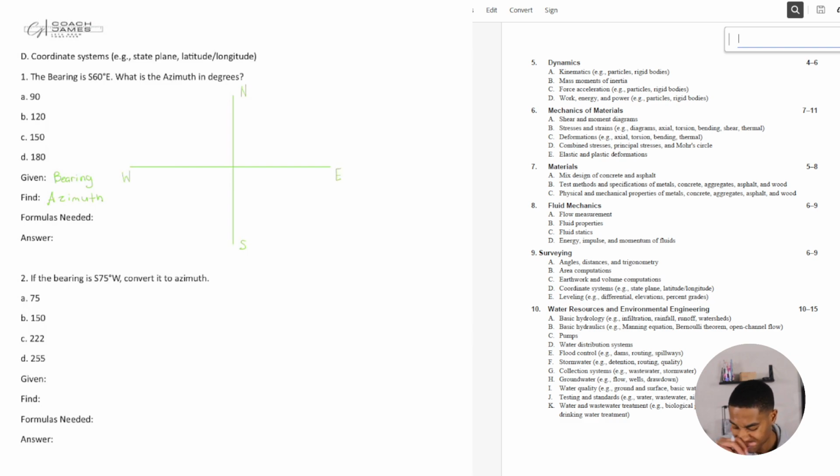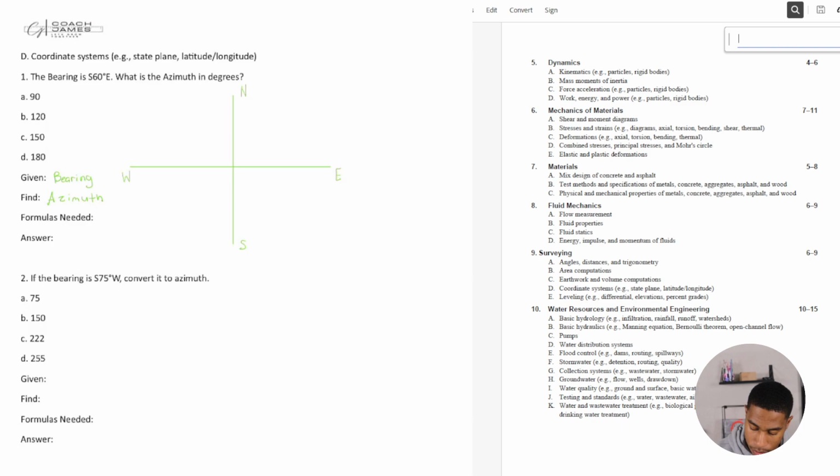So for bearings, they always are in reference from the north or south. So anytime you get a bearing and it says, in this particular case, south 60, then we are referencing 60 degrees from the y coordinate south.